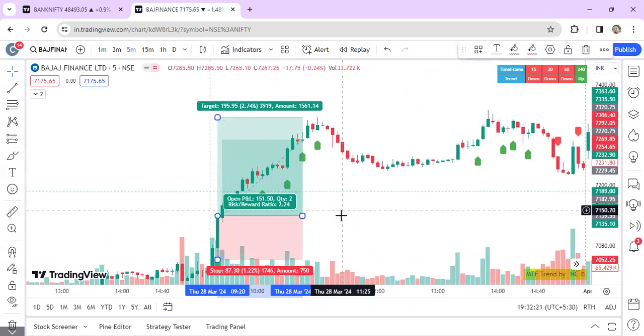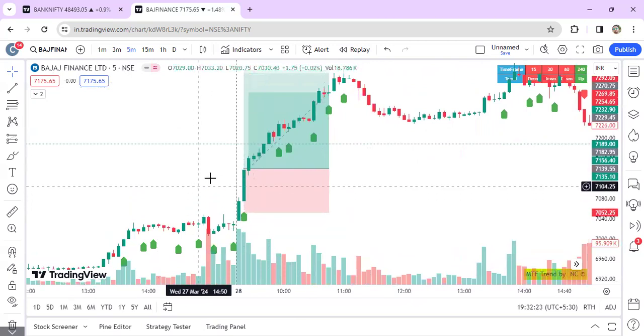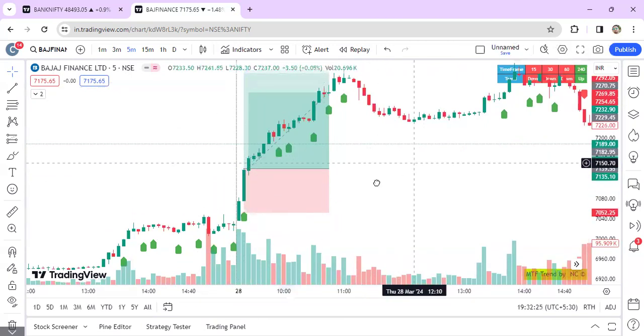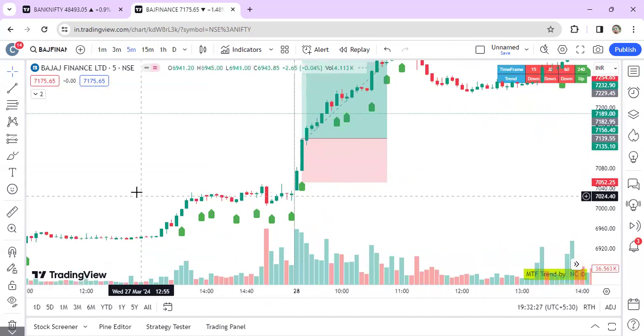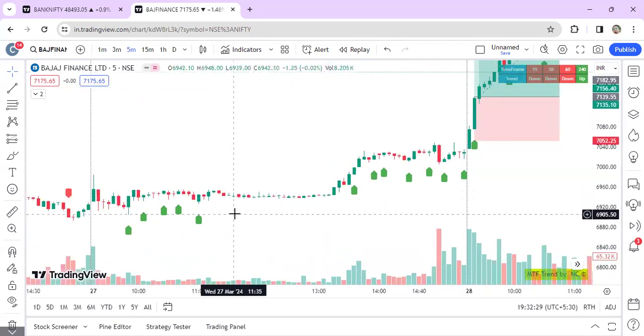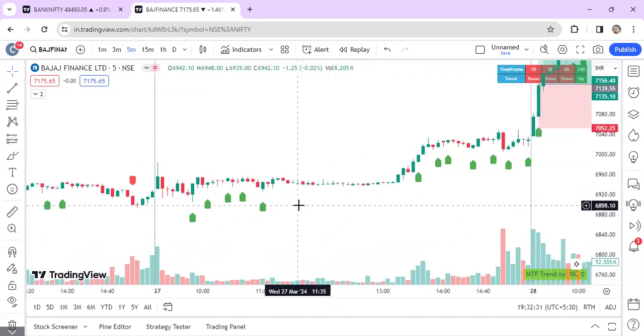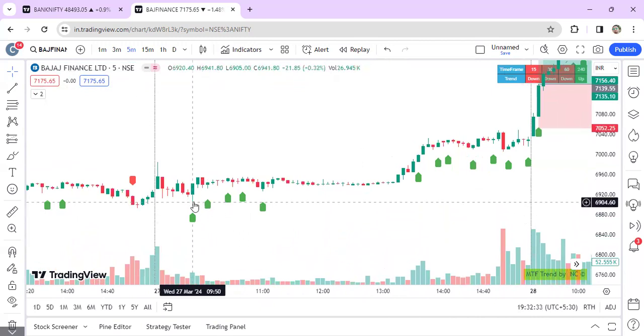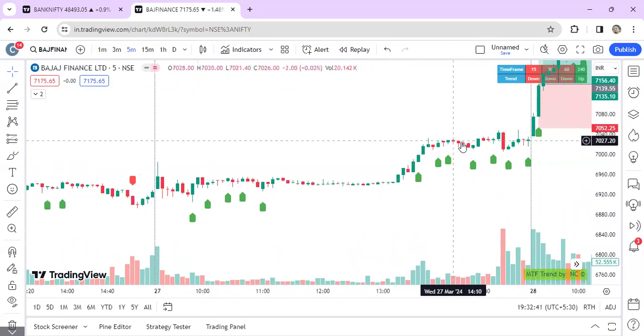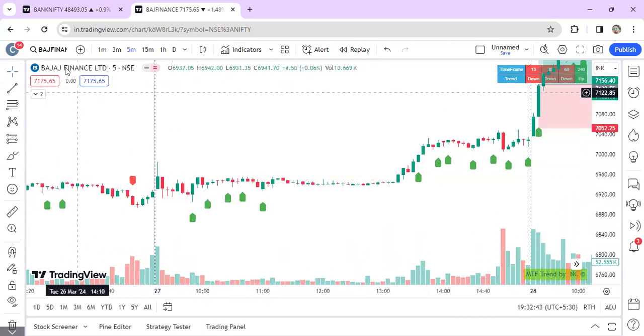You will get quite a few of these trending days, and those days you will gain so much that giving a few small points of SL will not matter to you much. See, you enter here in this particular day, the whole day it is respecting this level. This is the lowest level of this particular day, and the market is above this for the whole day.